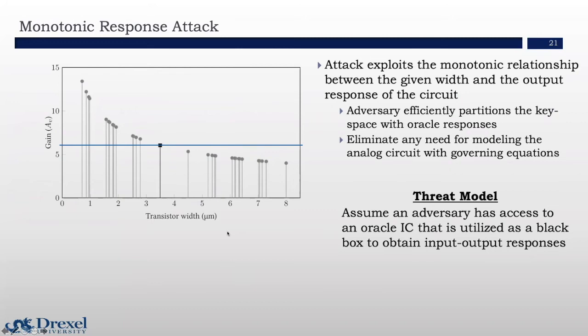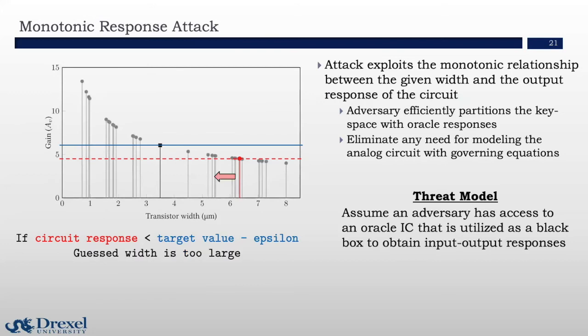The main premise of the attack is this: for a randomly selected width, the circuit response produced by the width is computed. If it is less than the target minus a certain variation epsilon, then the algorithm knows that the selected width is too large, and constraints are added to look for a width that is less than the guessed width.